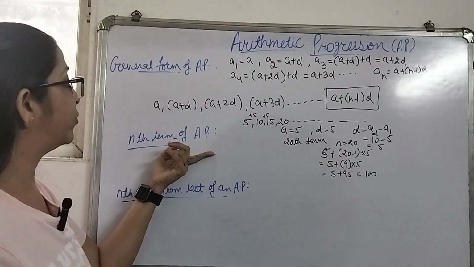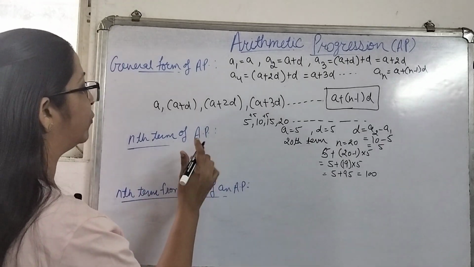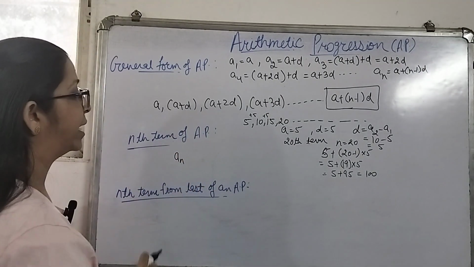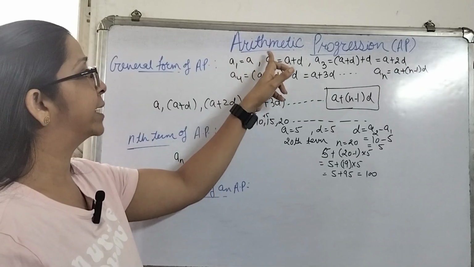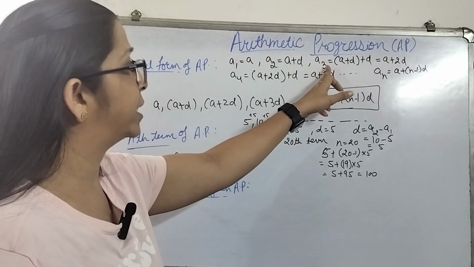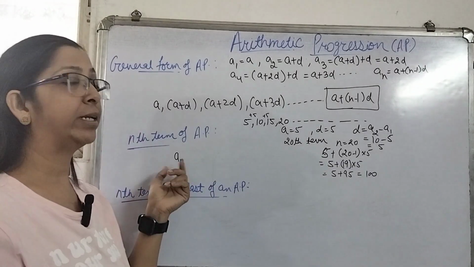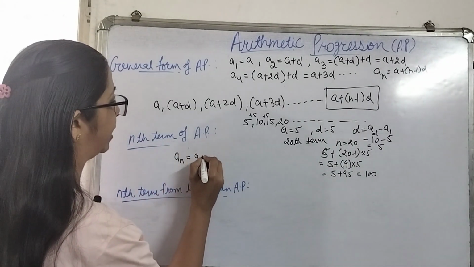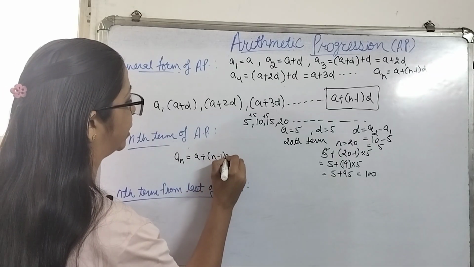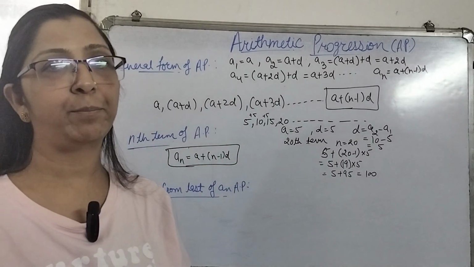So the nth term of an AP we can find by this formula, and the nth term of an AP is denoted by AN, because the first term is A1, second term is A2, third term is A3, fourth term is A4. That means the nth term of an AP is denoted by AN, and using the formula A plus n minus 1 into D, we can find the nth term of an AP.